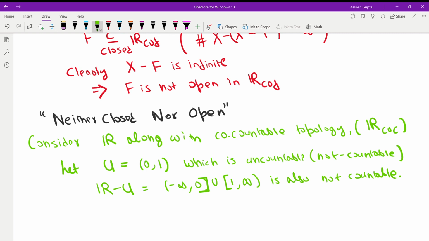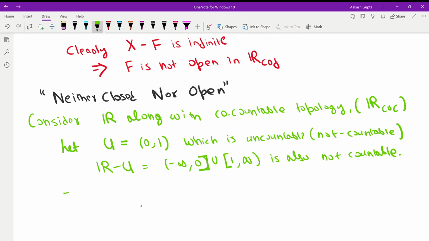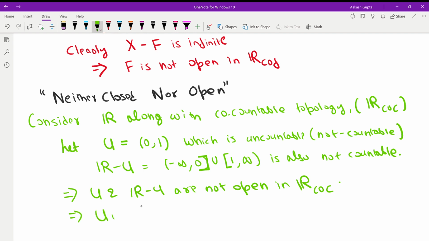So you see what you're getting from here. U and R minus U are not open in R along with co-countable topology. So this implies U is neither open nor closed. Right? So this is an example.